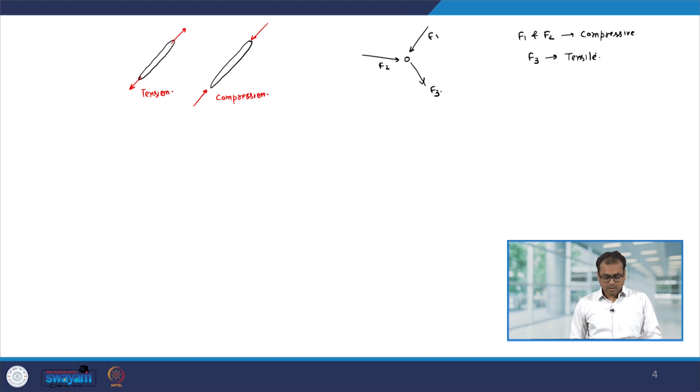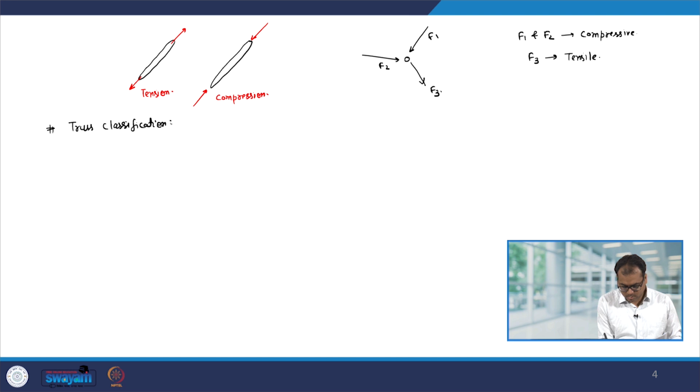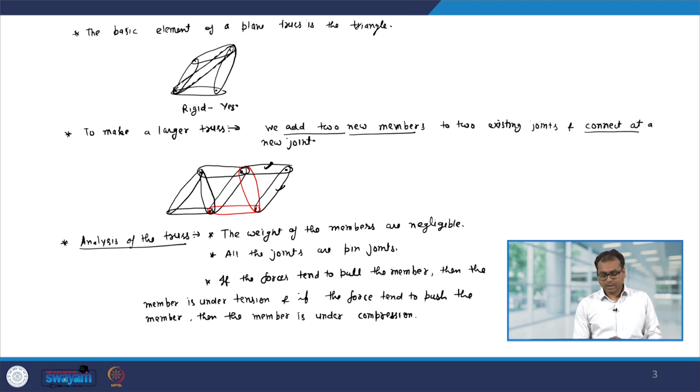Now, let us look at the classification of the truss. As I discussed earlier, in the truss there are many members.